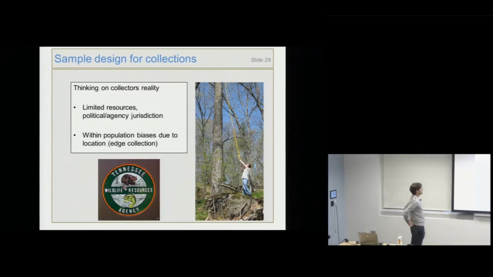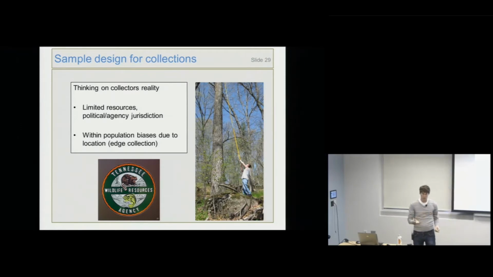We also have to think about the reality of the collectors themselves. Whoever's doing the collection typically has limited resources and therefore limited time and money to spend out in the field gathering their samples. There are also political or agency restrictions.